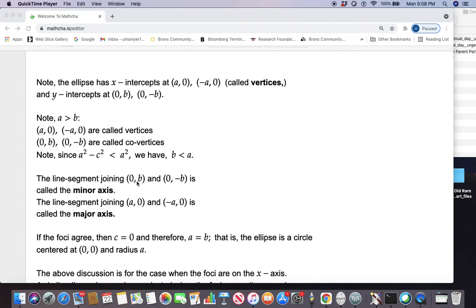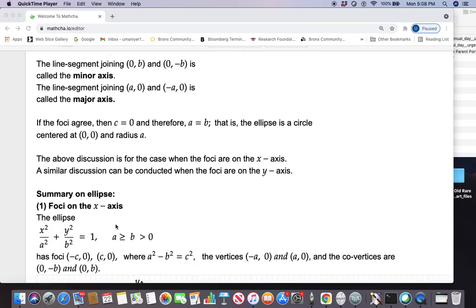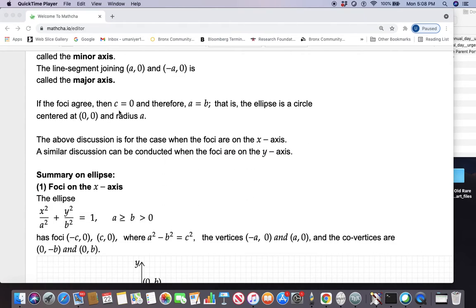The line segment joining (0, b) and (0, negative b), that is the co-vertices, is called the minor axis. The line segment joining (a, 0) and (negative a, 0), that is the vertices, is called the major axis. If the foci agree, then c has to be 0. a will be b, and your ellipse becomes a circle centered at the origin.